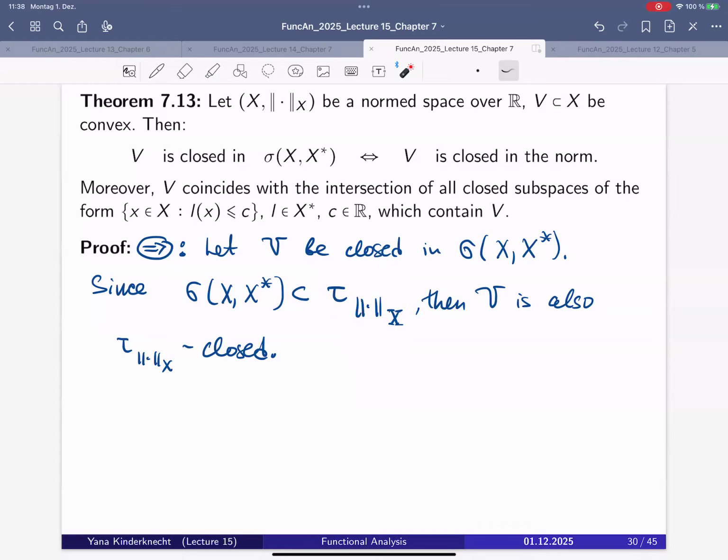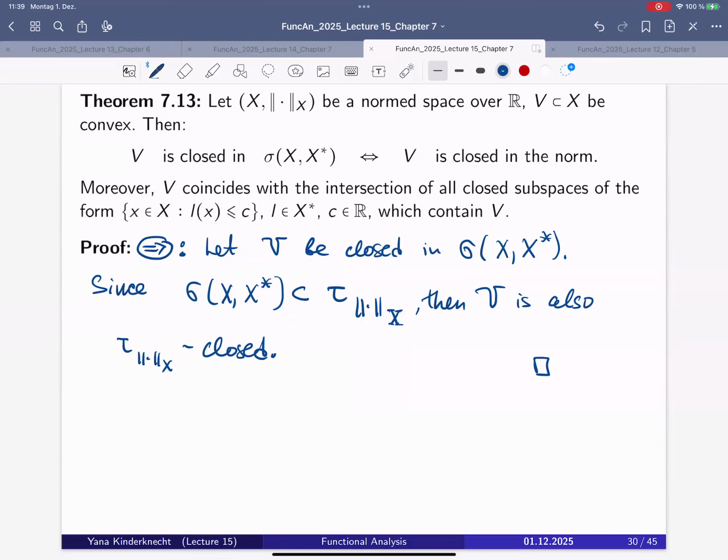And hence all closed sets, that is, sets whose complements live here, these complements live also here, that is, they are closed also in this topology. Okay? This direction is trivial.